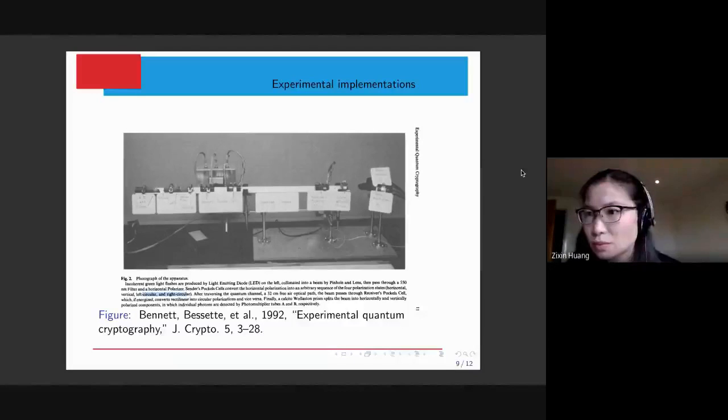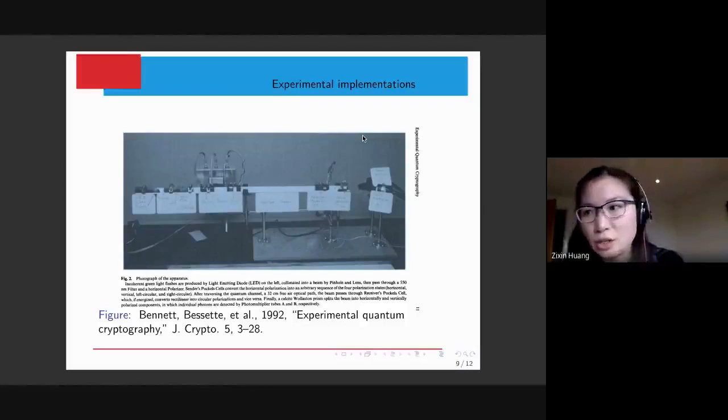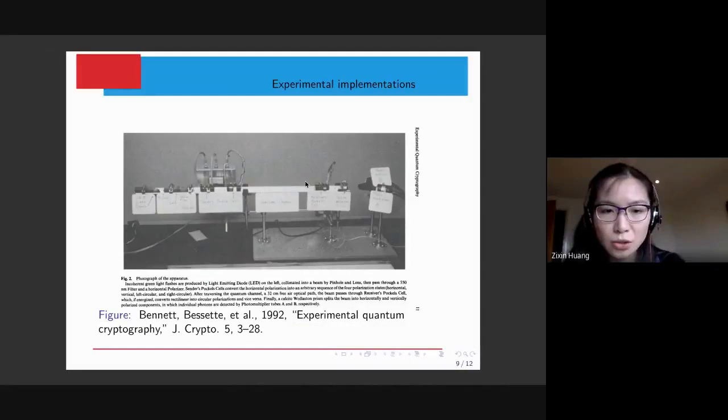When we talk about zeros and ones, in reality this corresponds to the polarization of a photon in that particular experiment. They were using H and V for the Z basis, and for the X basis, I think they were using H plus iV and H minus iV. Those are the two different bases that we're using.